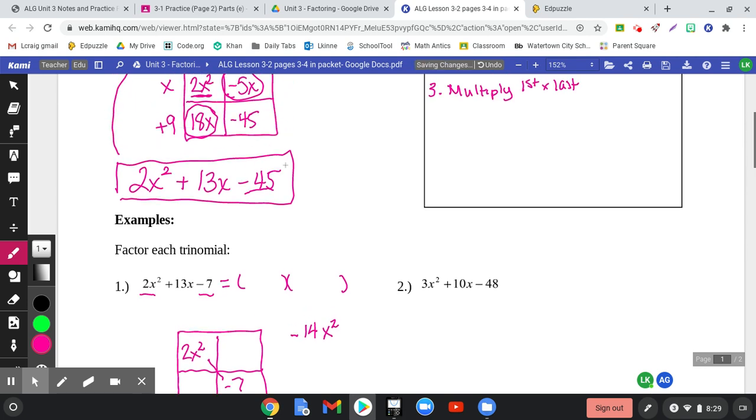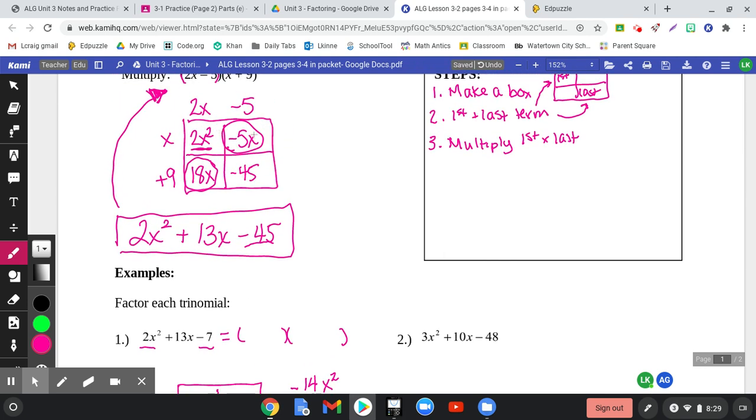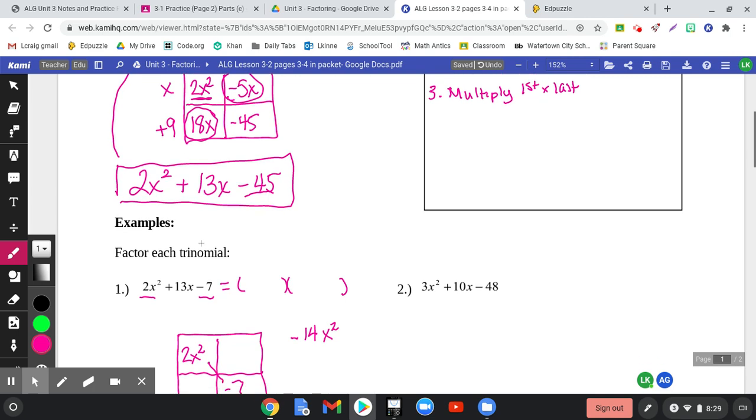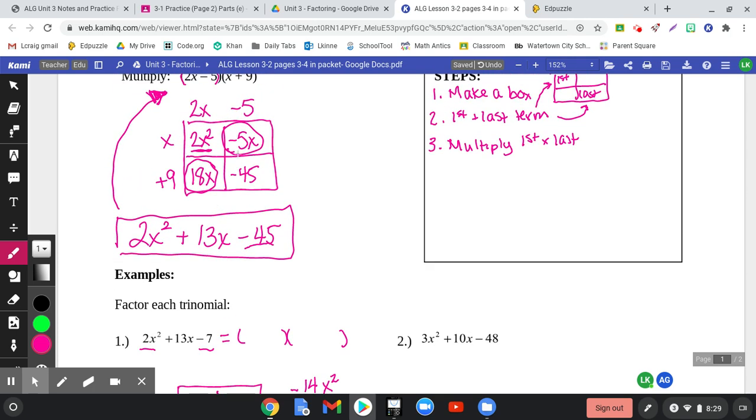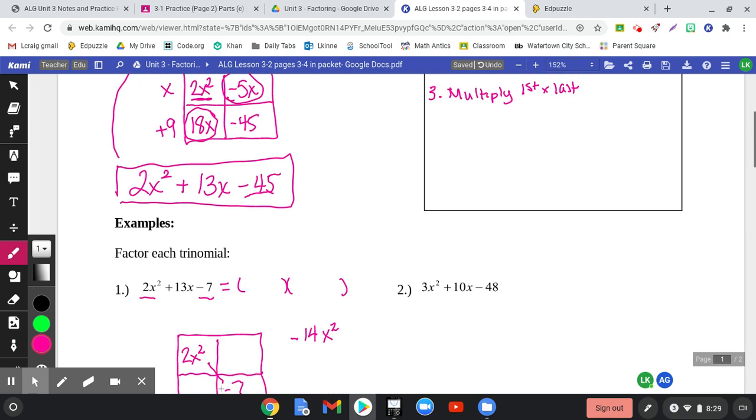Now if you look, these two middle terms add up to this middle term here. So we're trying to figure out what we would multiply that would give us this, but also add up to this middle term of 13.